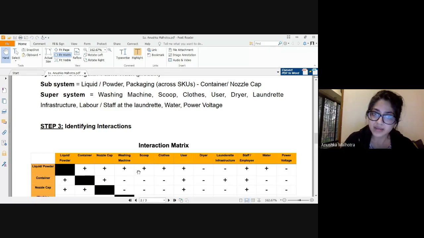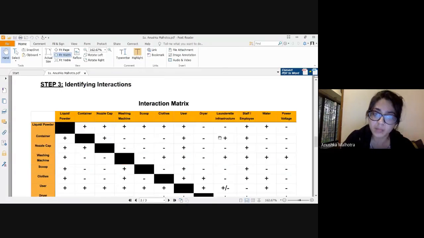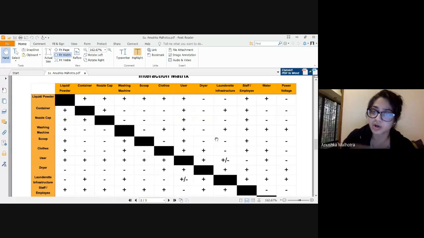Below is step 3, wherein you identify the interactions by building an identification matrix. And in the matrix below, I have identified how much of an interaction happens across the different super systems and the subsystems. There is a case when you see the user and the laundrette infrastructure.